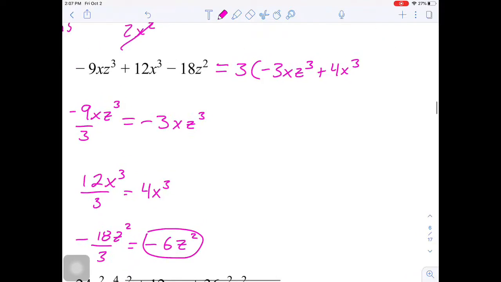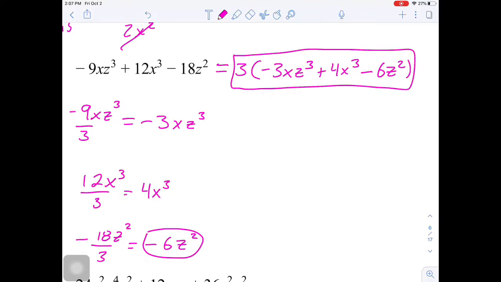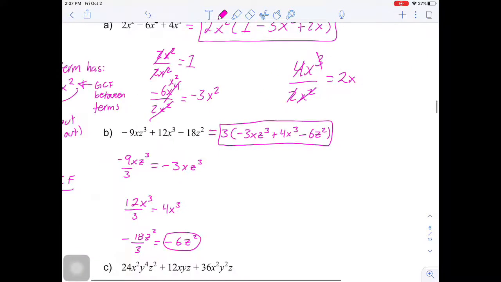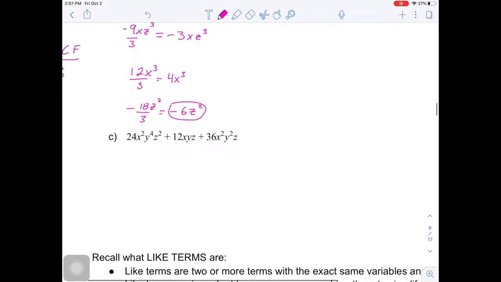So that will go up here. And there is my solution. This is the factored form of our value.